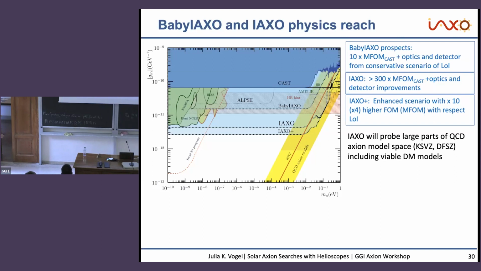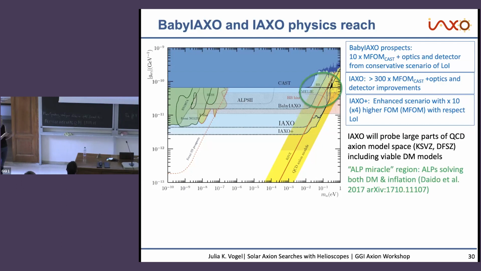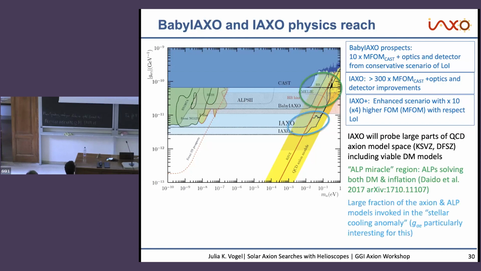So we can probe a large part of the QCD axion model at larger masses, as you can see, including viable dark matter models. There are some regions like up here, the ALP miracle region, where ALPs could solve dark matter and inflation at the same time. Then we have this region here where an axion could explain the anomalous cooling of white dwarfs.